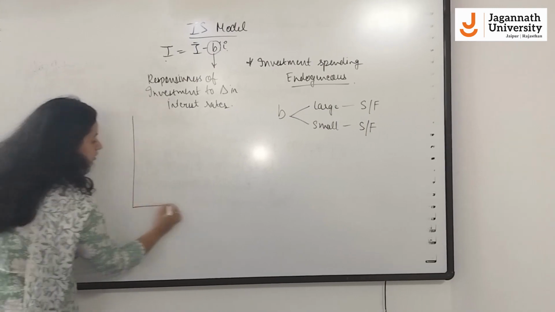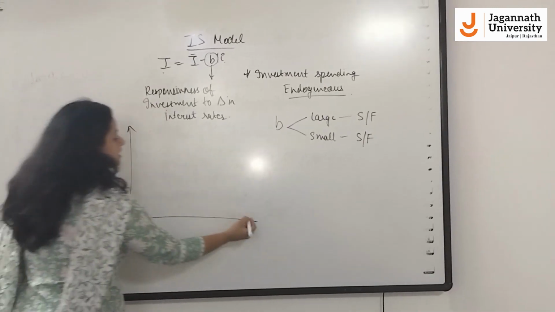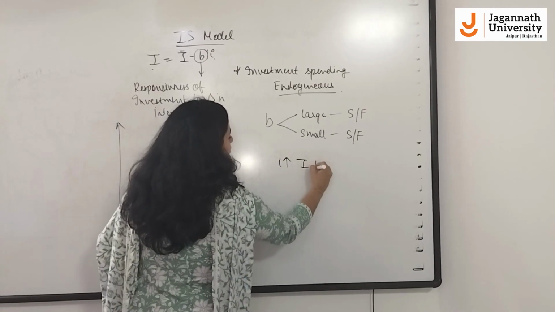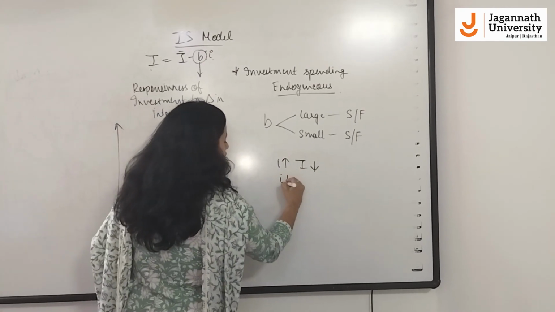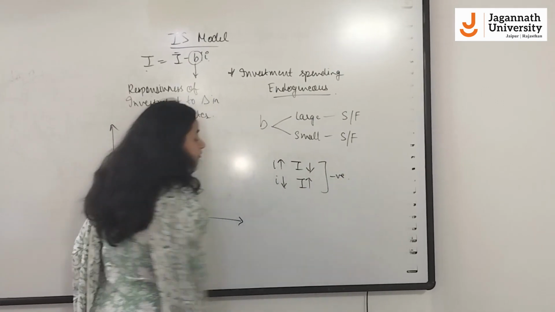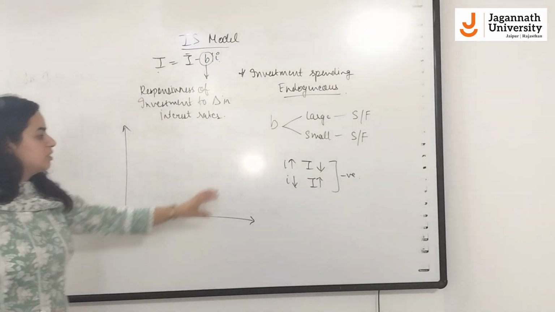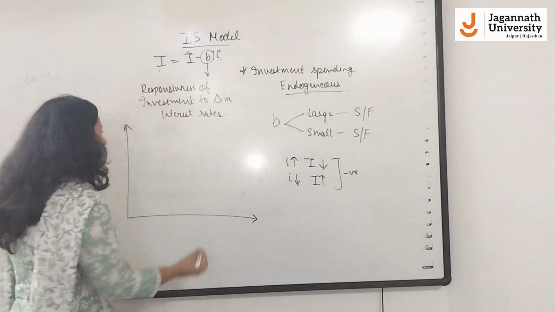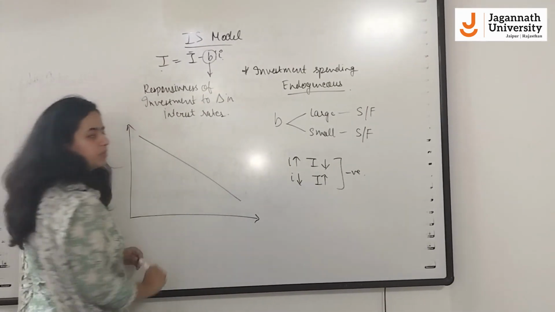Plot the investment curve. We have already established that when interest rate rises, the investment falls, and when the interest rate falls, the investment rises. So there is a negative or inverse relationship between these two. An inverse relationship is always shown by a downward sloping graph.